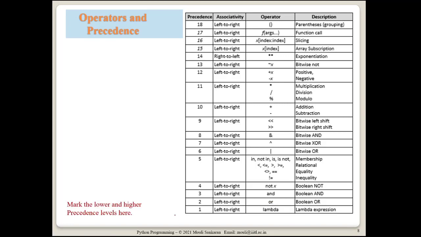So maybe you can just look at different things inside, then you can make out whether what is at the top is low or high precedence. So any guesses? Anybody wants to go for it? Which is lower precedence and which is higher precedence?